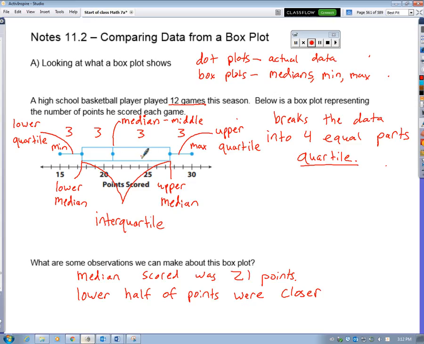So we could say the upper half of points were further apart. So we got points that were closer together, points that were further apart. So that's what we can tell looking at this box plot. Now let's take a look at comparing two different box plots and see what we get.